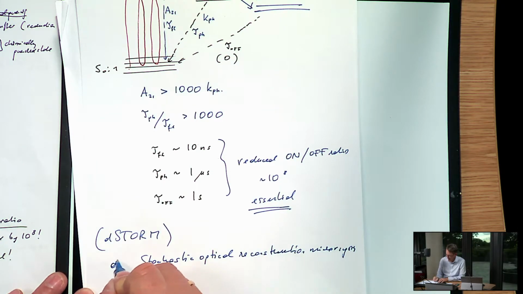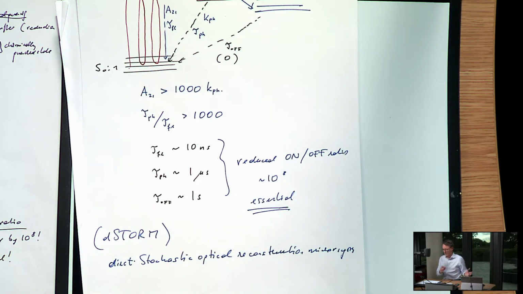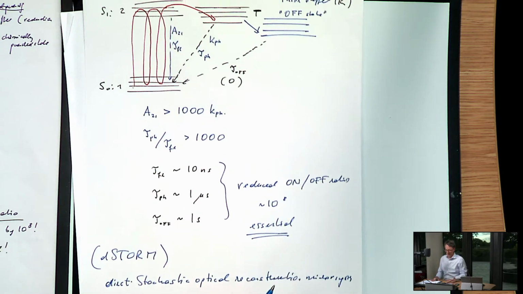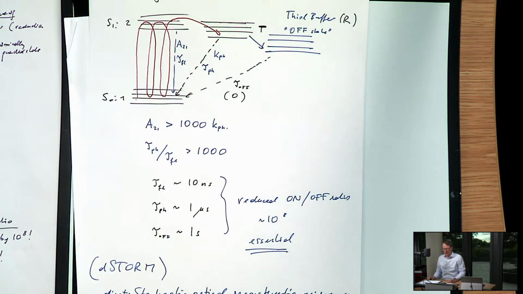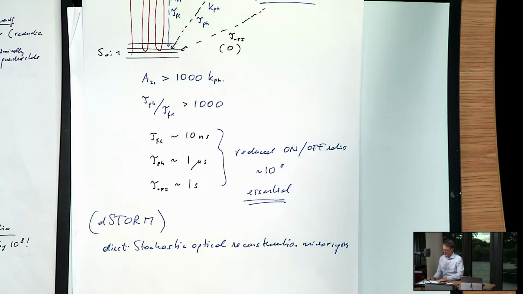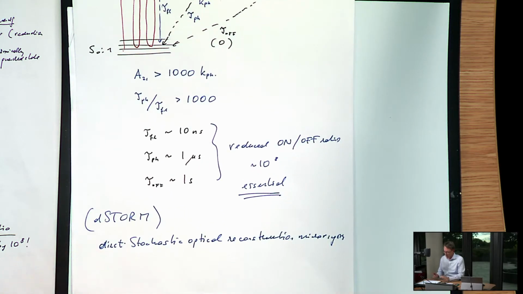And the "d" is something that people have put in. There have been lots of debates about who invented what first, and so everybody gives different techniques their own acronyms because they want to be famous and so on. But in fact, all of those are the same principle of single molecule localization microscopy.